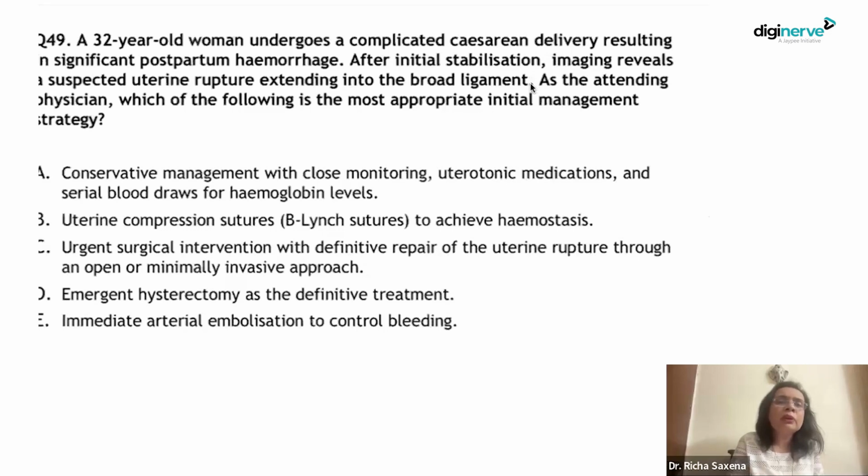Conservative management probably would not work in such a situation. Conservative surgeries like compression sutures and even embolization may not work because the uterine rupture has extended into the broad ligament. So in this case, you have to go ahead with an emergency hysterectomy to save the patient's life.